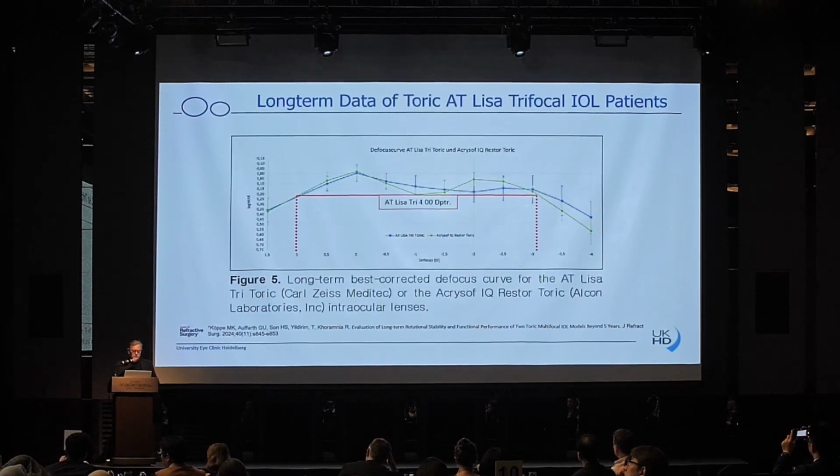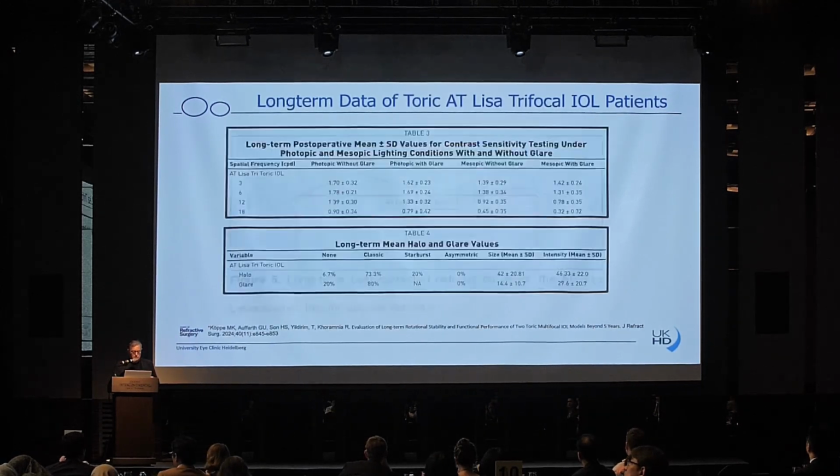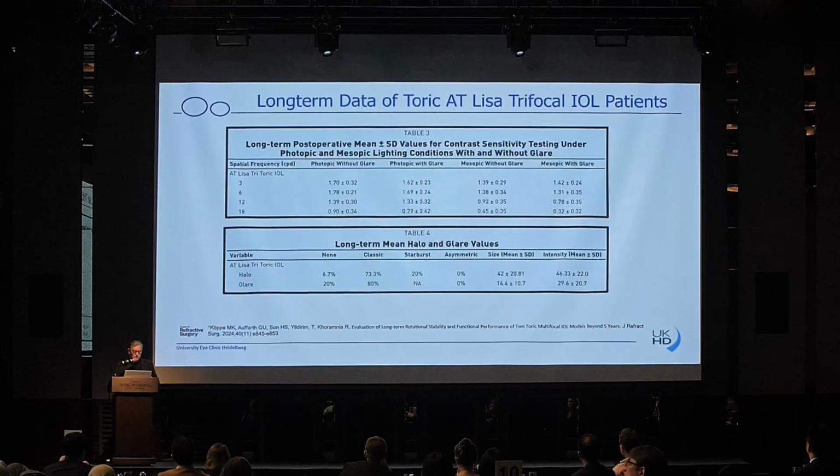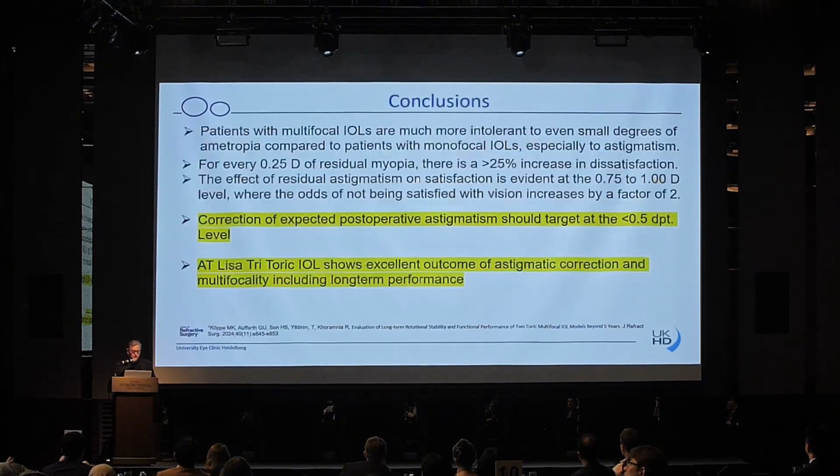And if we look at the defocus curve, we have a very flat and straightforward defocus curve here of our patients, even after that long time. Looking at values for halo and glare, we have a special simulator for that. We're talking here about values on a scale from 0 to 100, and having values around 10, 20 is a pretty good outcome for a trifocal intraocular lens.